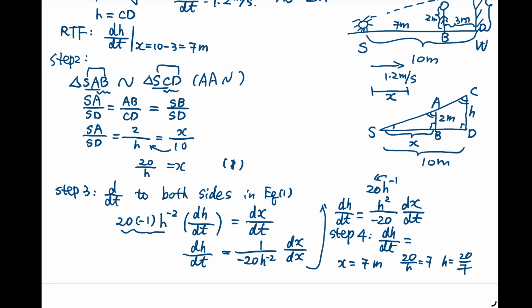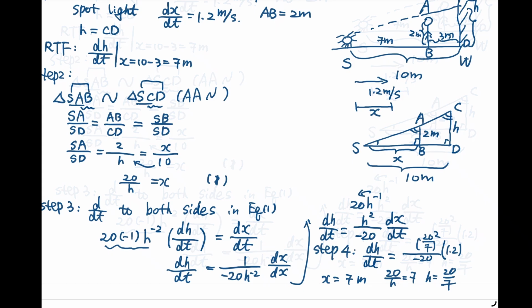Then we sub in 20 over 7 in brackets squared, negative 20, then dx dt is 1.2. Then do the calculation, and you will have the final answer. The final answer is negative 24 over 49 meters per second.